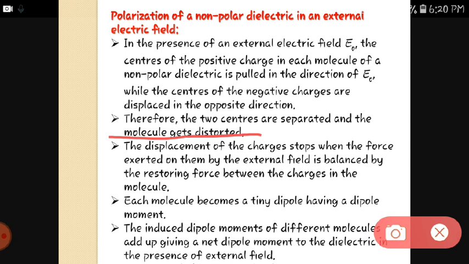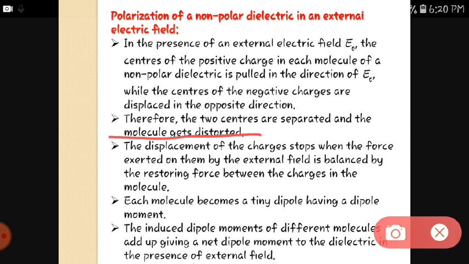Because all the negative charges are balanced by the positive charge at the nucleus. So the net charge of an atom is what? 0, because they get balanced. Now if this charge of an atom gets balanced by the external electric field, then only the displacement will stop.